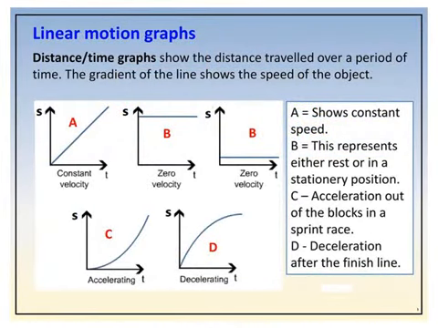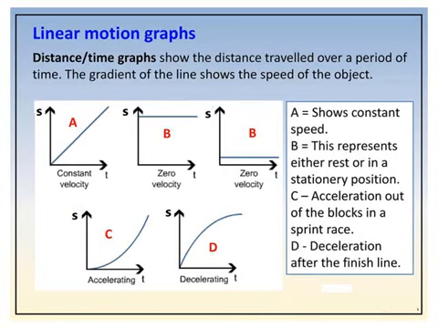Children, look at the slide which is being given here. All these graphs have one thing in common: they all represent distance time, or else it can even be displacement time.